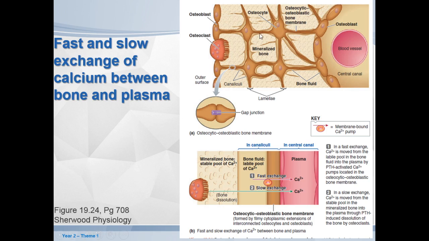Where two cytoplasmic processes come close to each other, there are gap junctions between them. So one osteocyte is connected to the neighboring osteocyte through these arm-like extensions, and there are gap junctions in them. What is the significance of gap junctions?